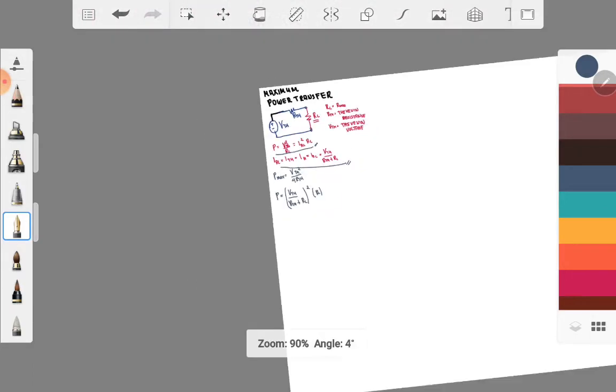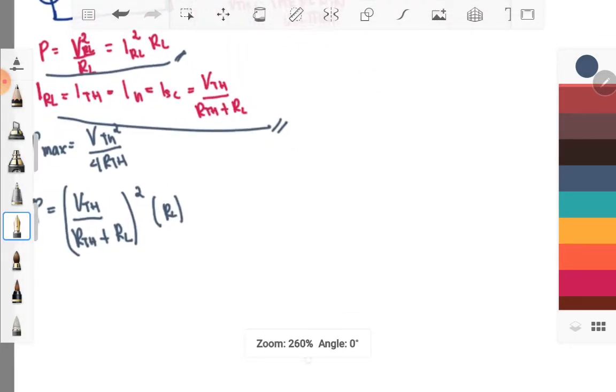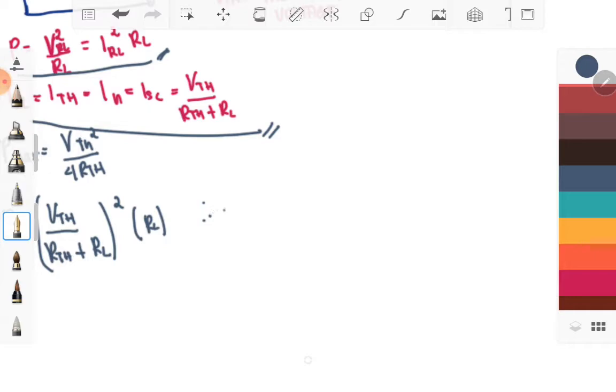Take note that your RL is a variable load, which means that it changes. And your RTH is the characteristic of the circuit, and your VTH is also a characteristic of the circuit. So therefore, these are constants.